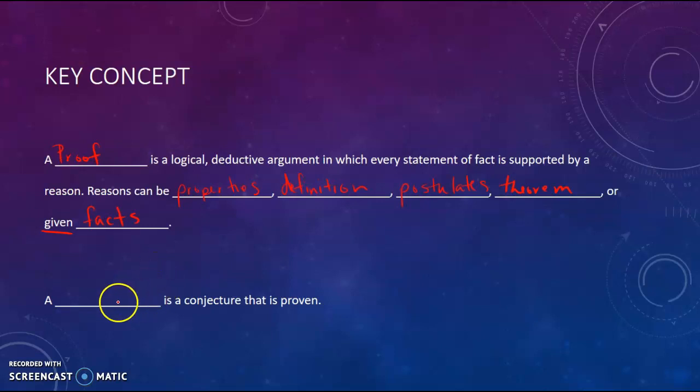So those are things to just keep in mind. And then a theorem is a conjecture that is proven. So when we talk about the corresponding angles theorem, that's something that we can prove is true. Or the alternate interior angles theorem, again, something we can prove is true.